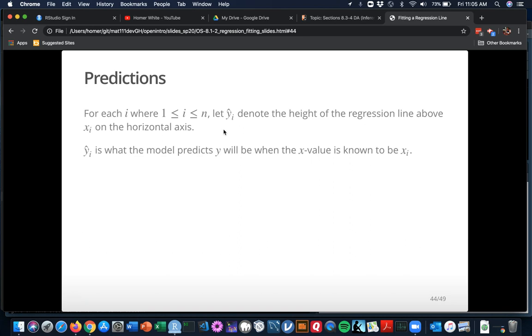So the yi hat is the height you go up to from xi in order to get a prediction for y values. Yi hat is what the regression line is going to predict that y is when the x value is known to be xi.